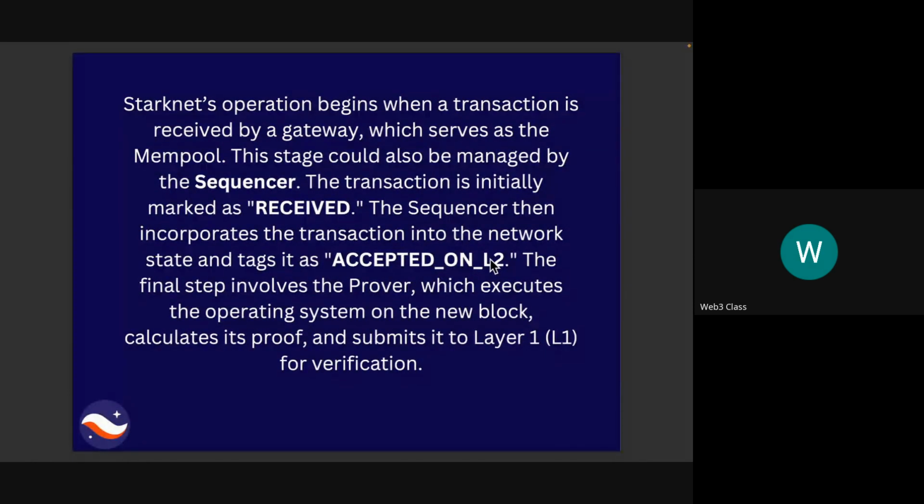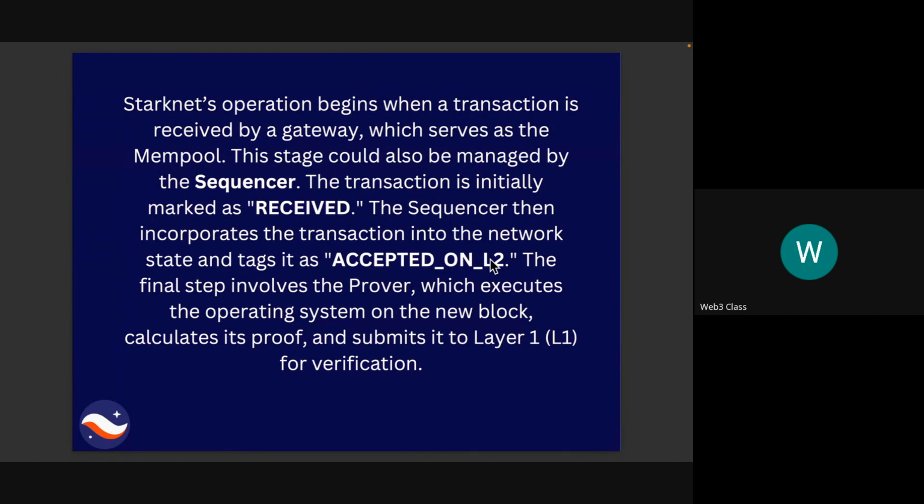The sequencer then incorporates the transaction into the network state and tags it as accepted on L2. The final step involves the prover, which executes the operating system on the new block, calculates its proof, and submits it to layer 1 for verification.